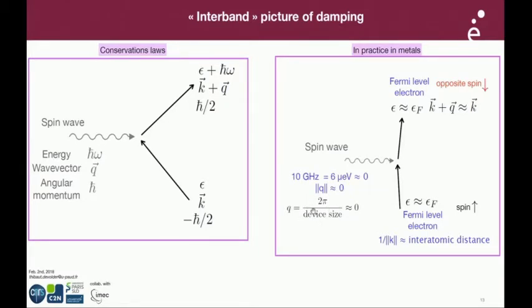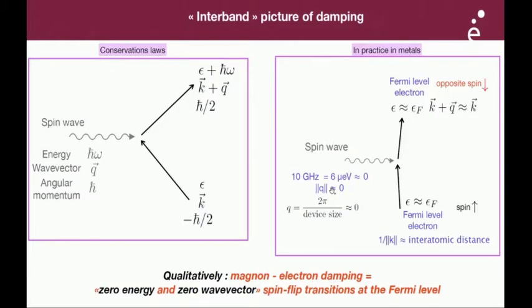Depending on our device size, we will be interested in the low part of the K vector. Essentially, I will also say that we're interested in what happens at almost zero wave vector. So if the spin wave interacts with a conduction electron, it will transfer some wave vector to the Fermi level electron, but the wave vector that has to be transferred is very small, such that if we speak in terms of direction of the electron, the electron is not much deflected.